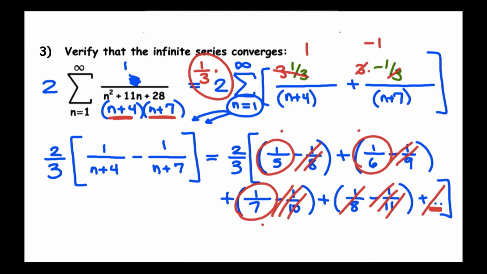All right, that just leaves this algebraic mess. There's a 2/3 in front still, and 1/5 plus 1/6 plus 1/7. Thanks to my calculator and the math fraction thing that I have, it is 107/210.